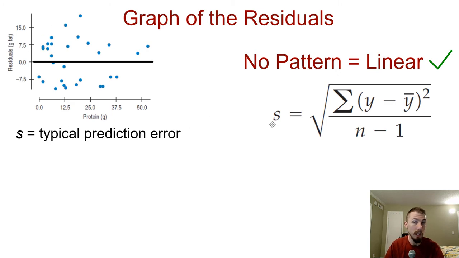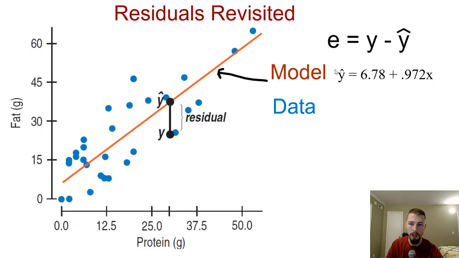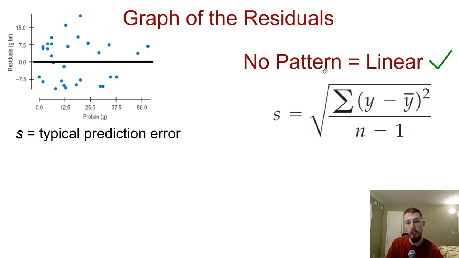Now, once we have this data here, what we can do is we can actually find the standard deviation of the residuals. So the residuals are kind of like the error that we have in the plot, and that's why we use the E right here, this E stands for error. So what error do we have? All these pieces here are how far off the model was from the actual data, which would be the error in the model, which is kind of cool. So we can actually find the standard deviation of the error by taking the sum of, this is basically the actual minus the predicted, or how far it is from the mean.